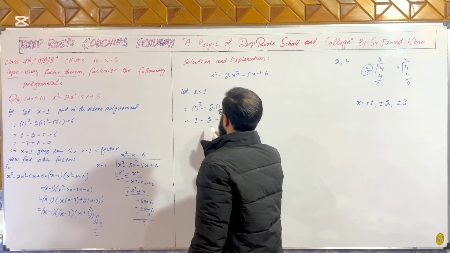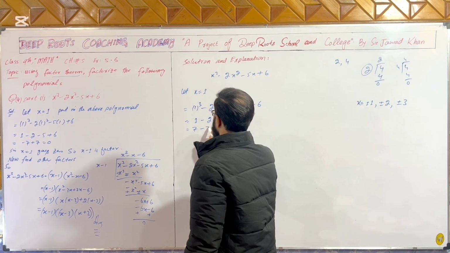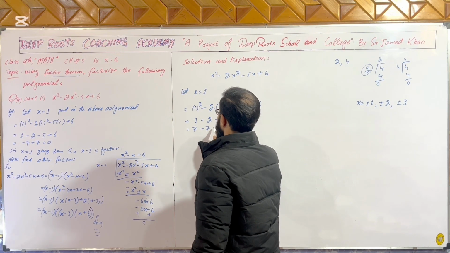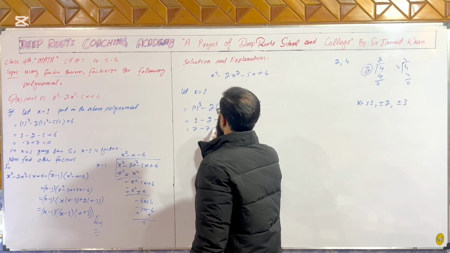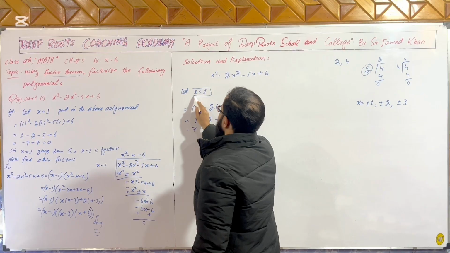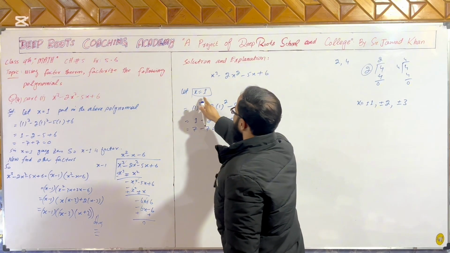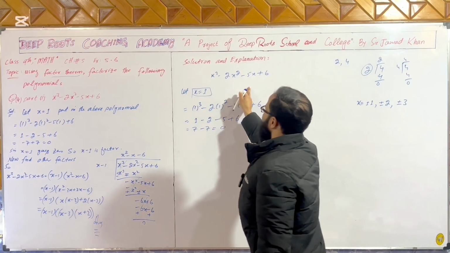Now this 1 and 6 are added, so that is 7, and minus 2 minus 5 are added, that is minus 7. So the answer is 0. That means that x is equal to 1, we get 0 here.